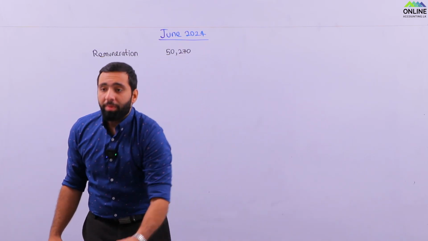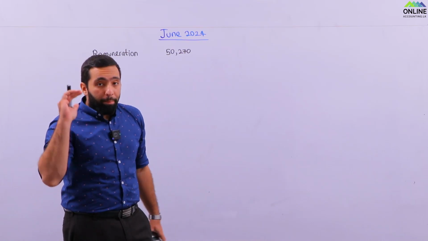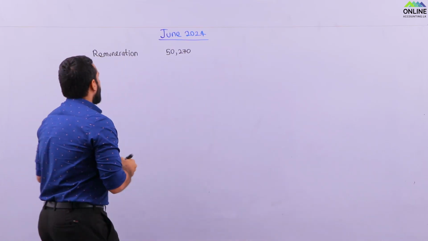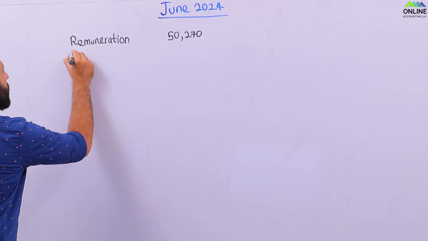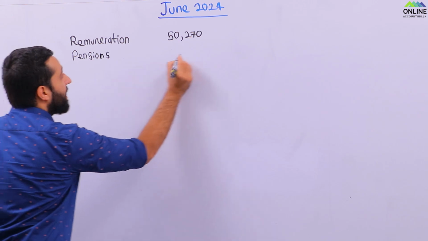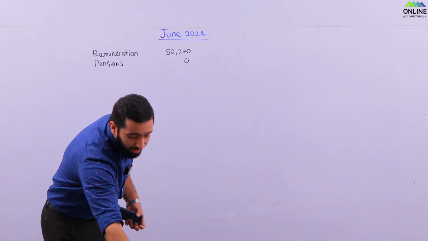This pension scheme is not related to employees' own money going out, so you don't need to do any adjustments, but make sure you show it as 0. This is very important.